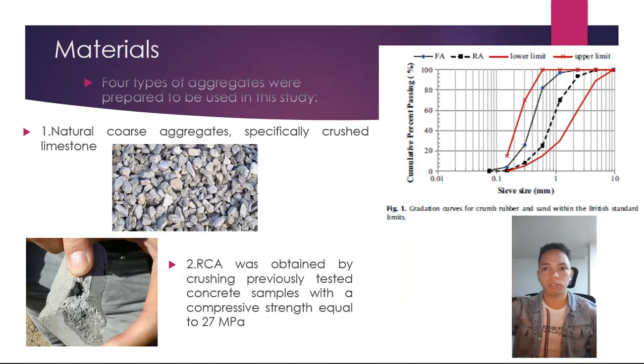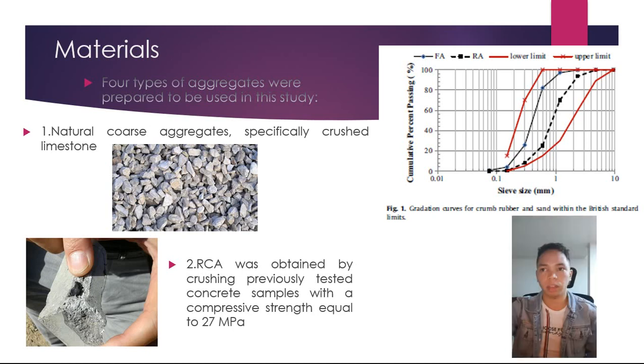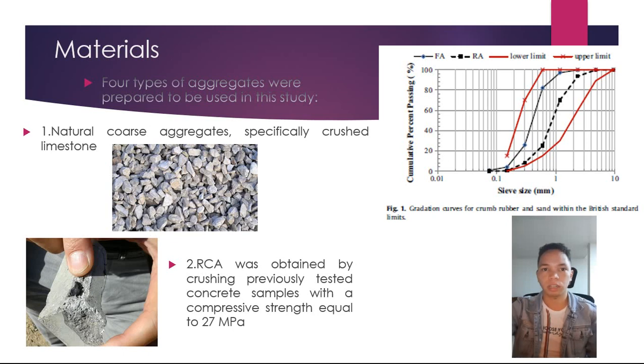The following were prepared for use in the study. 1. Natural thick aggregates, specifically crushed limestone, which were obtained locally to make the control concrete mixture. The grading of thick natural aggregates, NA, was shown in figure 1 within standard limits.